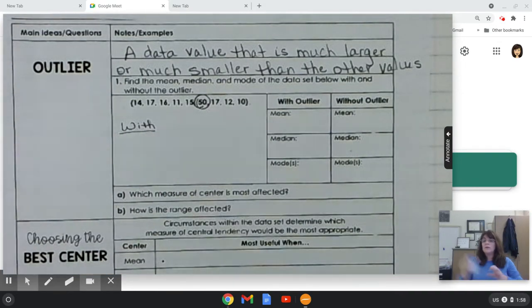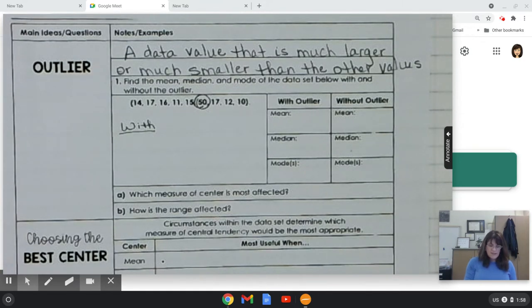And again, we are using calculators for speed and efficiency. I know you can add. So 14 plus 17 plus 16 plus 11 plus 15 plus 50 plus 17 plus 12 plus 10.